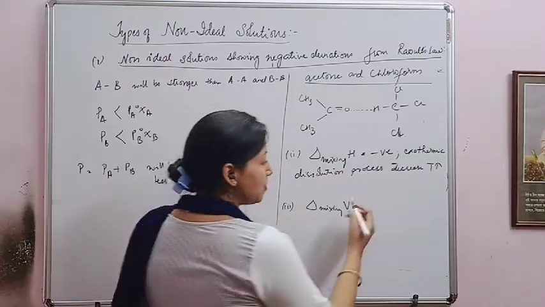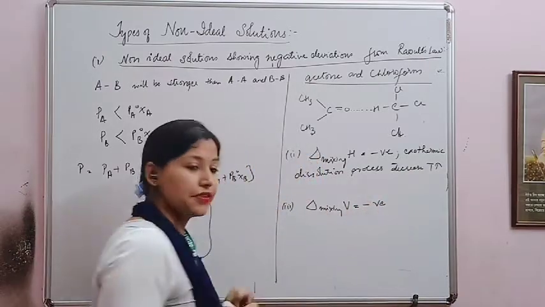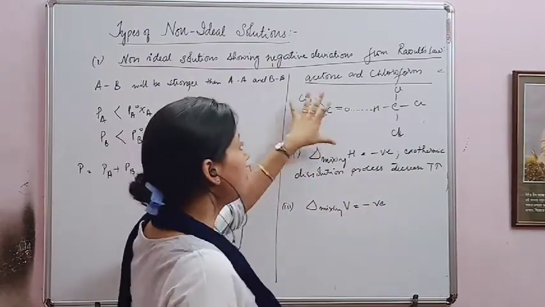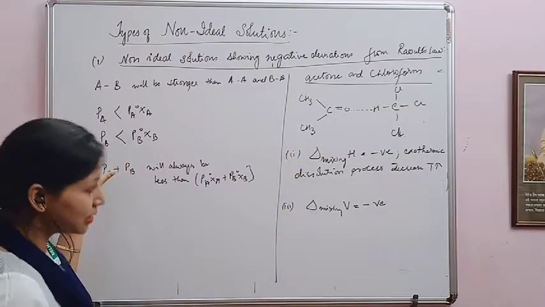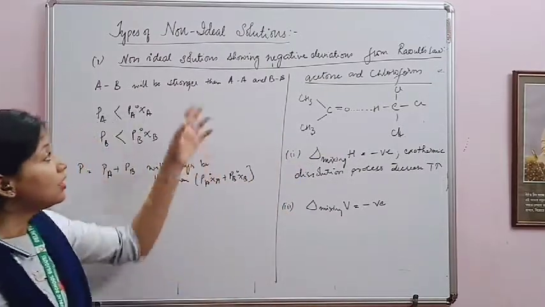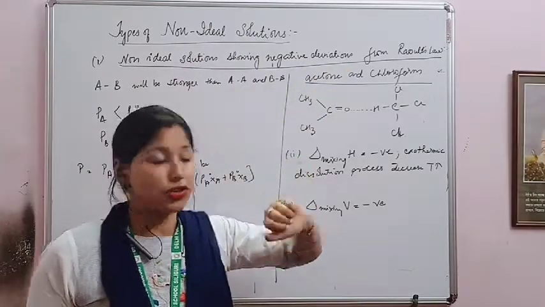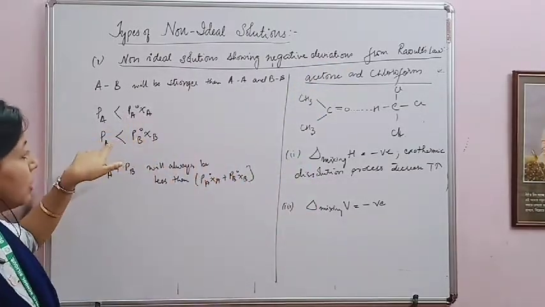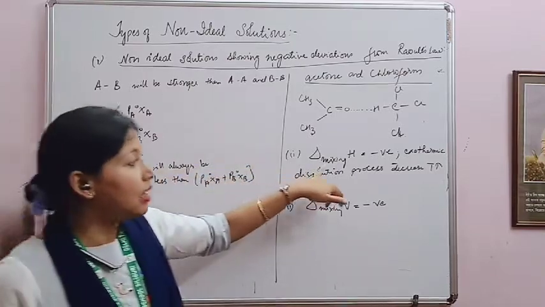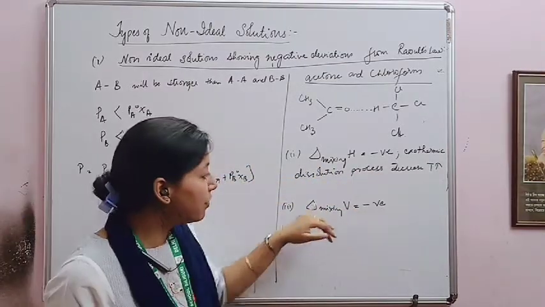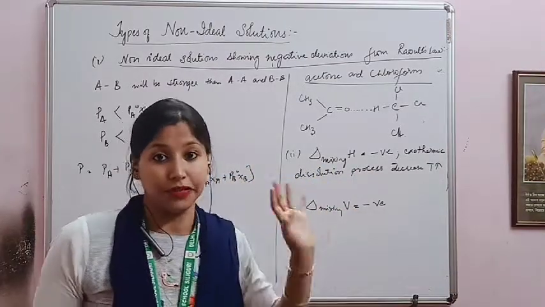So volume of mixing becomes negative. So these are the criteria shown by solutions which show negative deviation. That means vapor pressure of individual components is less, enthalpy of mixing is negative, volume of mixing is also negative.